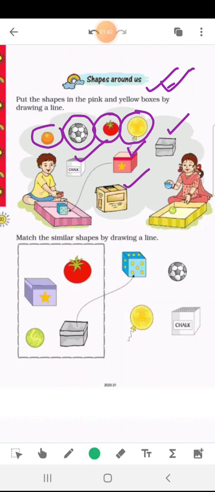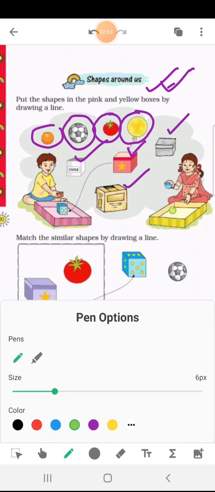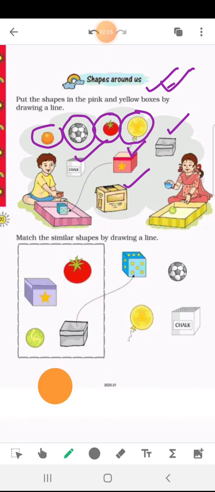Let us learn today the names of the shapes and also which things are of which shape. Okay. So let me draw here, though I cannot draw like you. You are expert in drawing, I have seen.